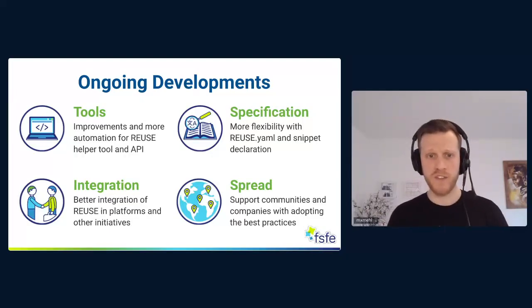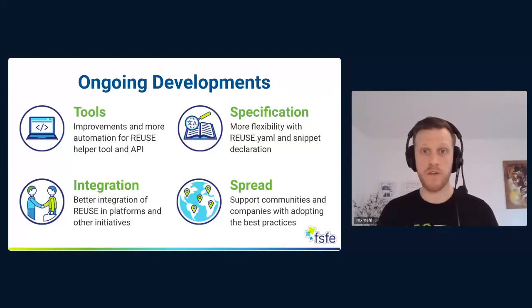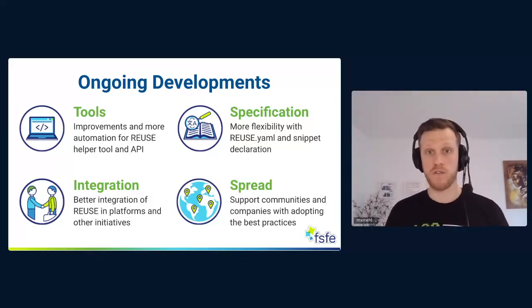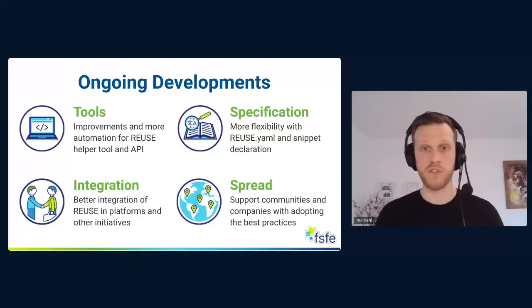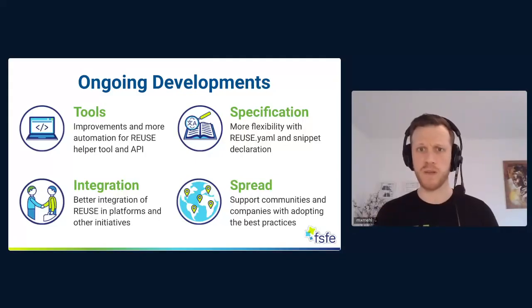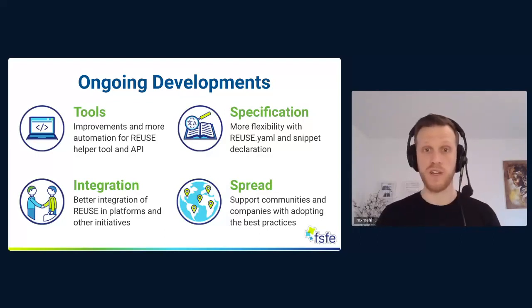Speaking of integration, we want to further integrate reuse in platforms and also with other initiatives. So we want to collaborate here with different source forges so that they are supporting, for instance, the licenses directory, but also integrate this with other initiatives so that we are not going on split ways, but that we are working together on solving all these typical issues that we have with licensing, and especially free software licensing.